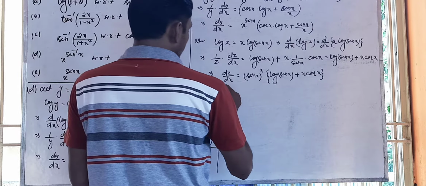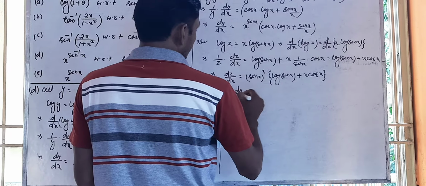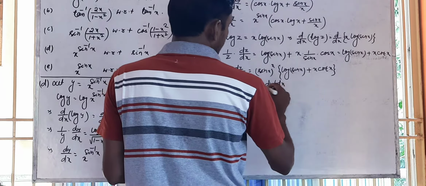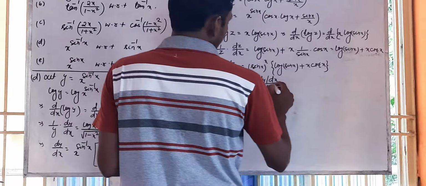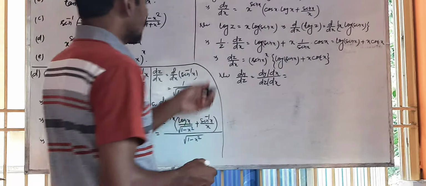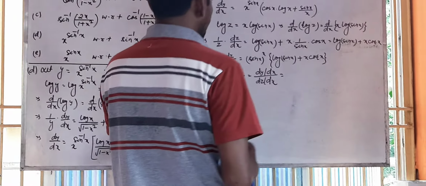Now dy by dz, this is dy by dx by dz by dx.